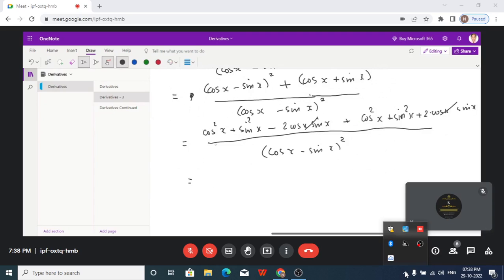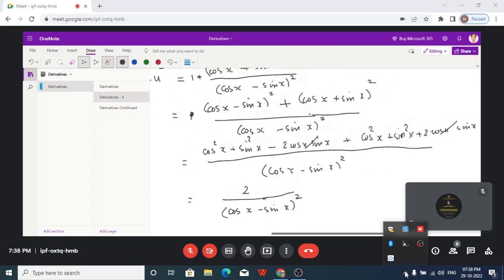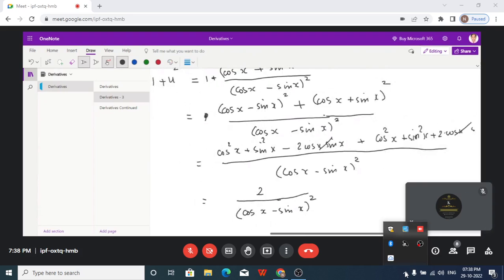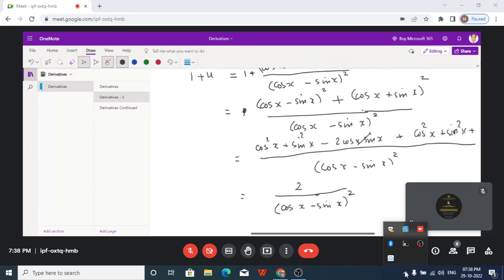We know that cos square x plus sin square x is equal to 1, so the numerator is 2, like you said. So 2 by (cos x minus sin x) the whole square is your 1 plus u square.